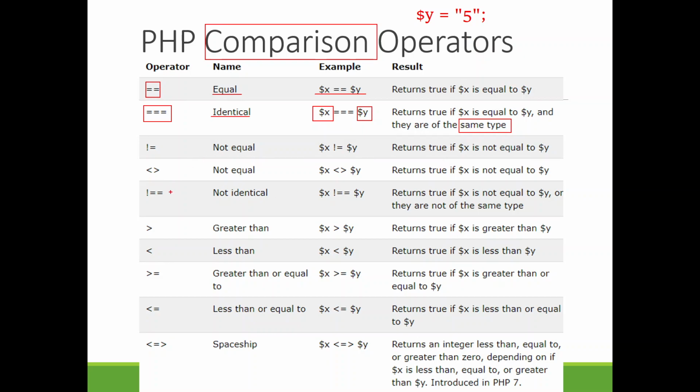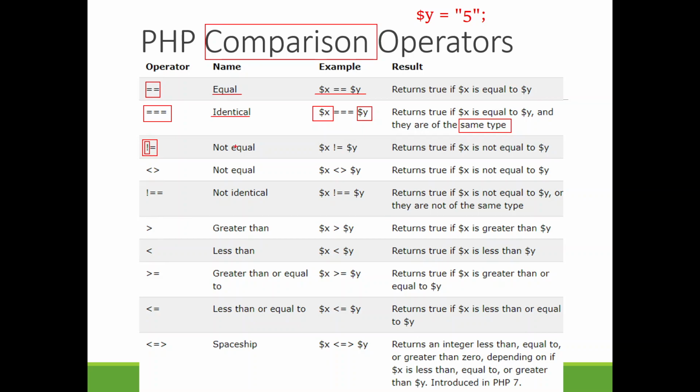Now, the other very important one that we're going to be using a lot in our project is not equal. Here especially, I just want to bring to your attention the negation operator. This one is the negation operator, this exclamation mark.